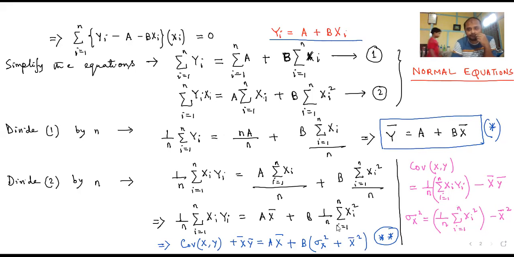Now I'm going to the next page. What I'm going to do is subtract from equation double star the quantity x bar multiplied with equation single star.